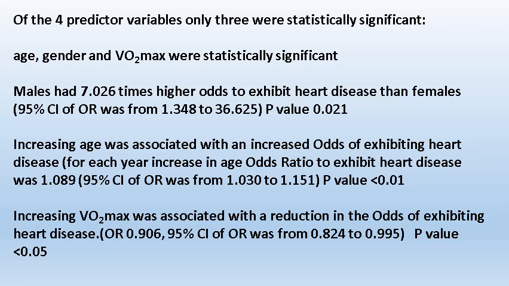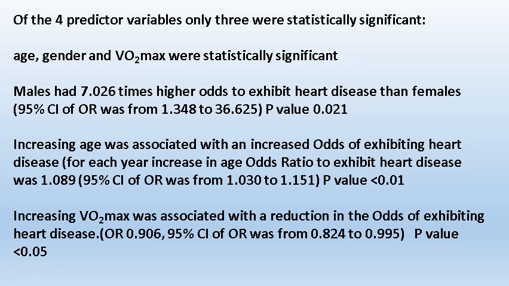Okay, so you know about gender. Males had 7.026 times higher odds to develop heart disease than females, because females, or category 0, was selected as the reference category. So males, that is category with a score of 1, had 7.026 times higher odds to exhibit or develop heart disease.